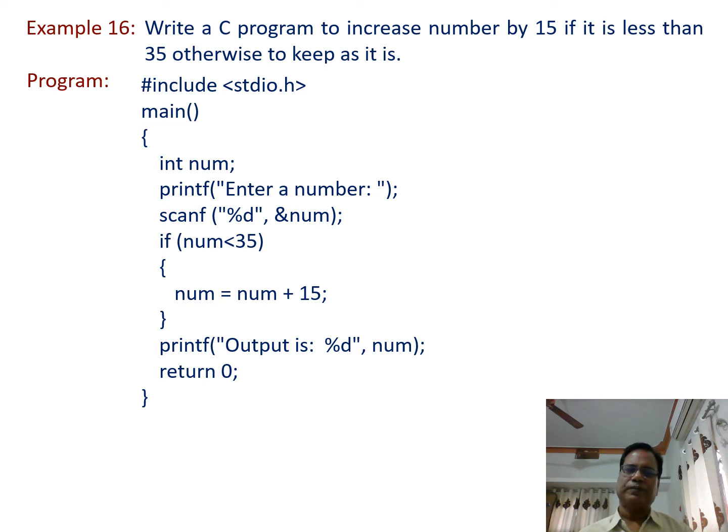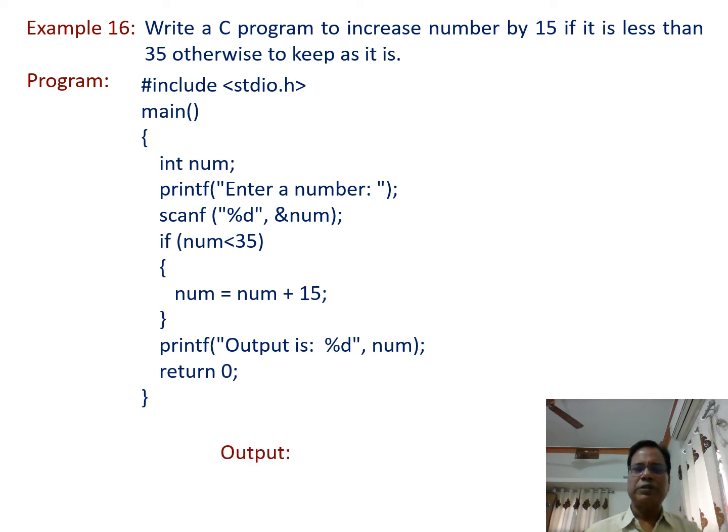Output is: if the number is less than 35, it is incremented by 15 and then that output is printed. If the number is not less than 35, the number is printed as it is.